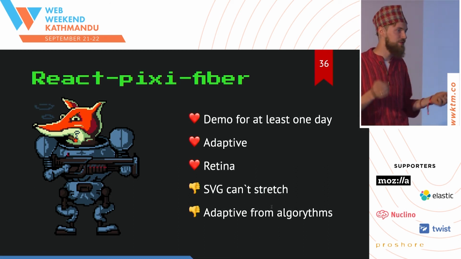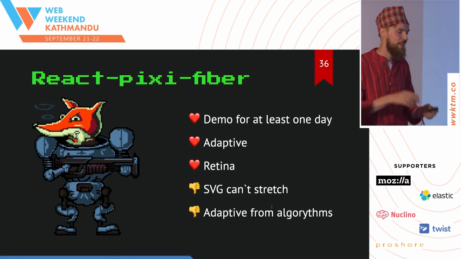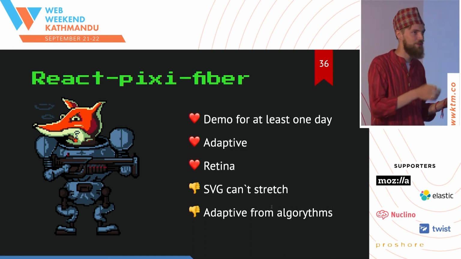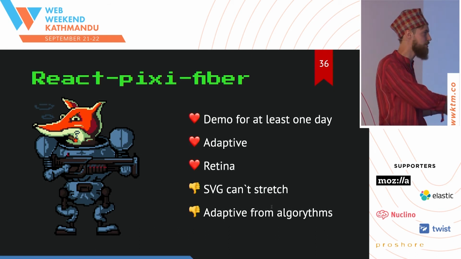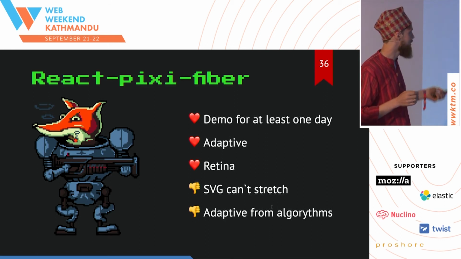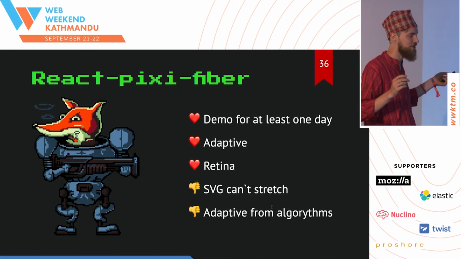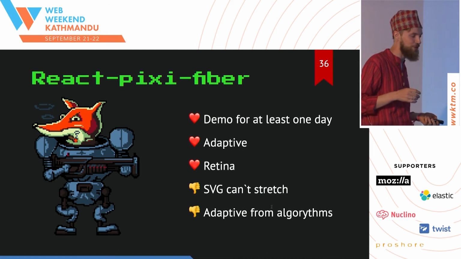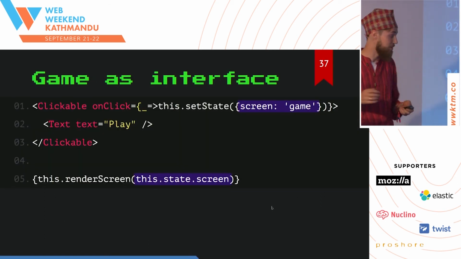Because I need to maintain this game with designers, since designers should add some new content, and we have a really good feedback loop. Except I use plain WebGL or plain Pixie.js. And I get adaptive images for different devices, and Retina displays work too. Exactly, I have a couple of minuses, but I'll go next and describe them.